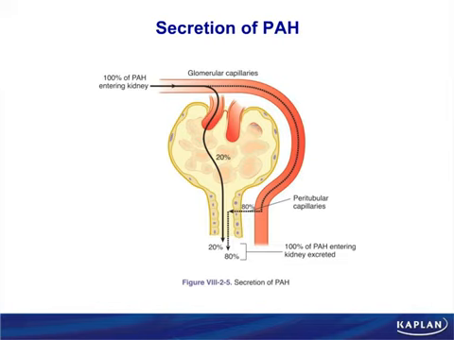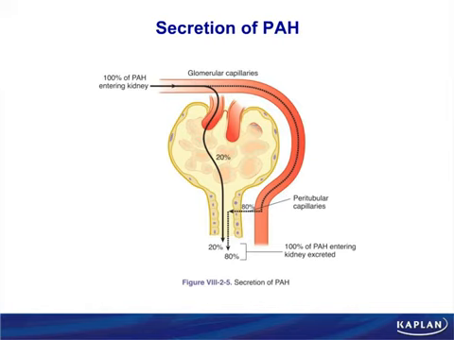Now, I use the word effective because it turns out that not the entire renal plasma flow goes to the glomeruli. 10% goes to perinephric fat and the renal capsules. So that 10% actually doesn't get cleared. So 90% of the total renal plasma flow gets cleared. So that's why I'm using the word effective. So if they ask you to calculate the effective renal plasma flow, you are going to calculate the clearance of PAH. And that's a question that they might give you.